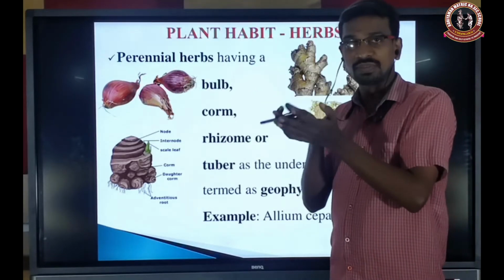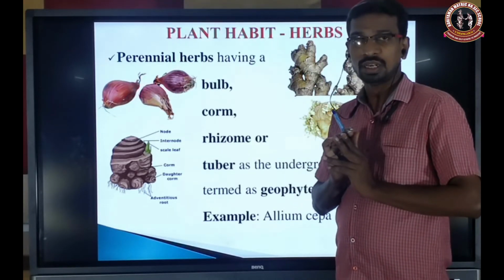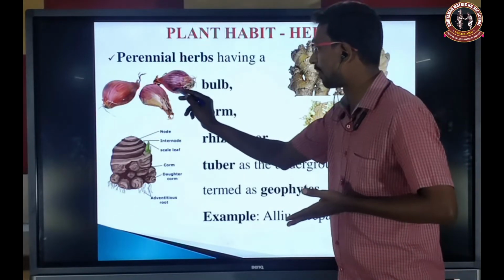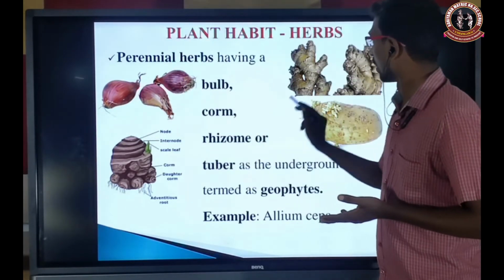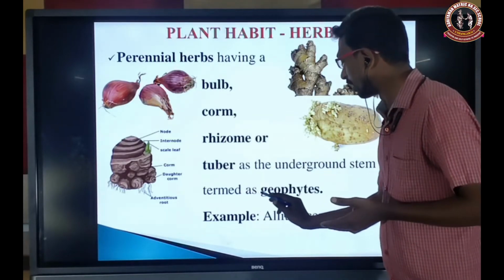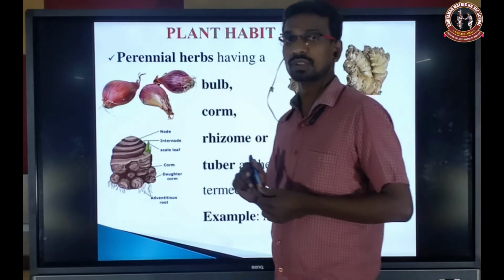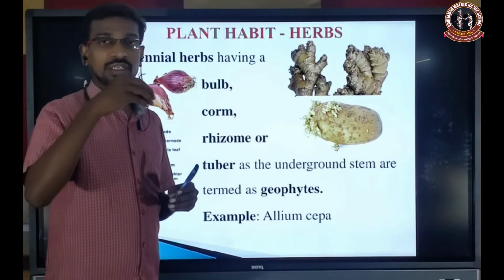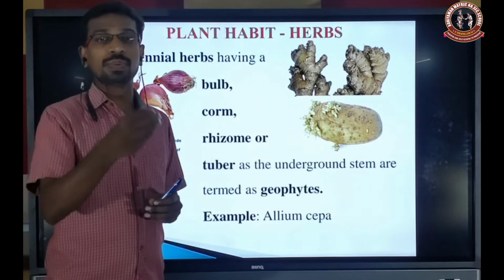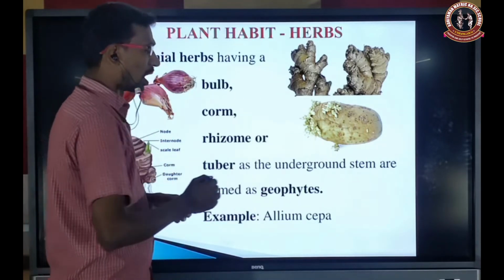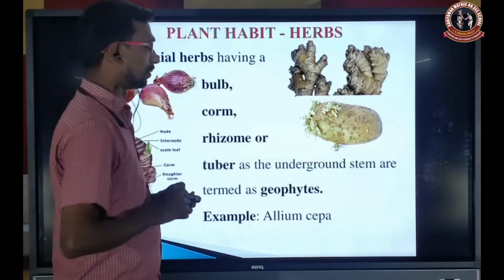They complete the life cycle within 1 year or 1 season, but they perennate by means of some specialized structure, that is a bulb, corm, rhizome or tuber. Underground stems are termed geophytes. Geophyte means they form the reproductive structure inside the soil. Example: Allium cepa.